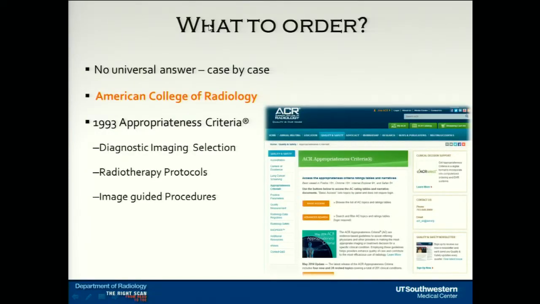Unfortunately, there's no single answer on what to order for a single symptom like headache or back pain. To relieve some of that confusion and complexity, the American College of Radiology has been publishing appropriateness criteria since 1993, which are practice guidelines based on the most supportive and substantial evidence that include documents for diagnostic imaging selection, radiotherapy protocols, and image-guided procedures.